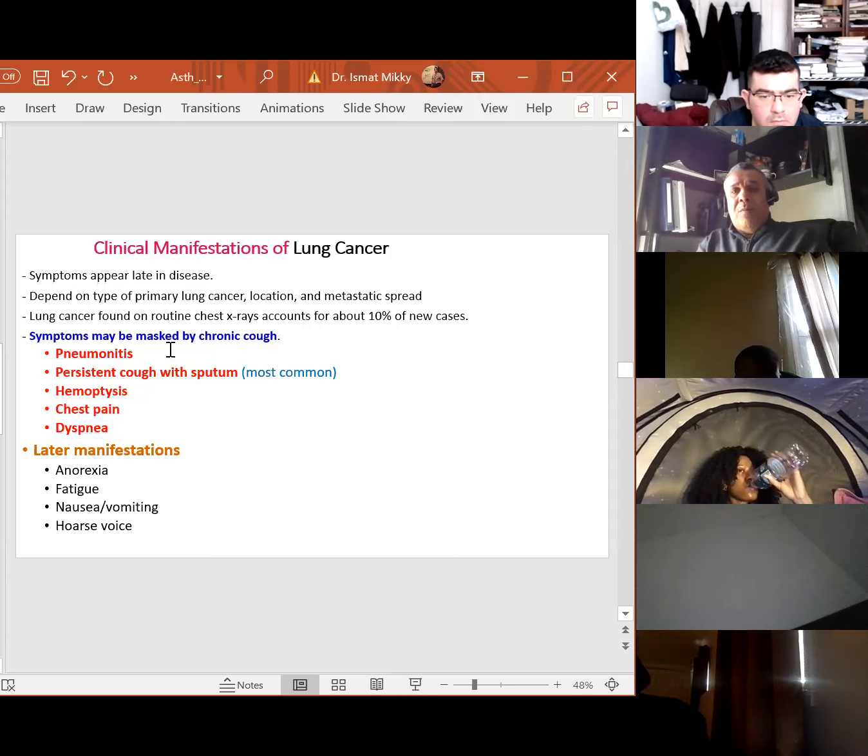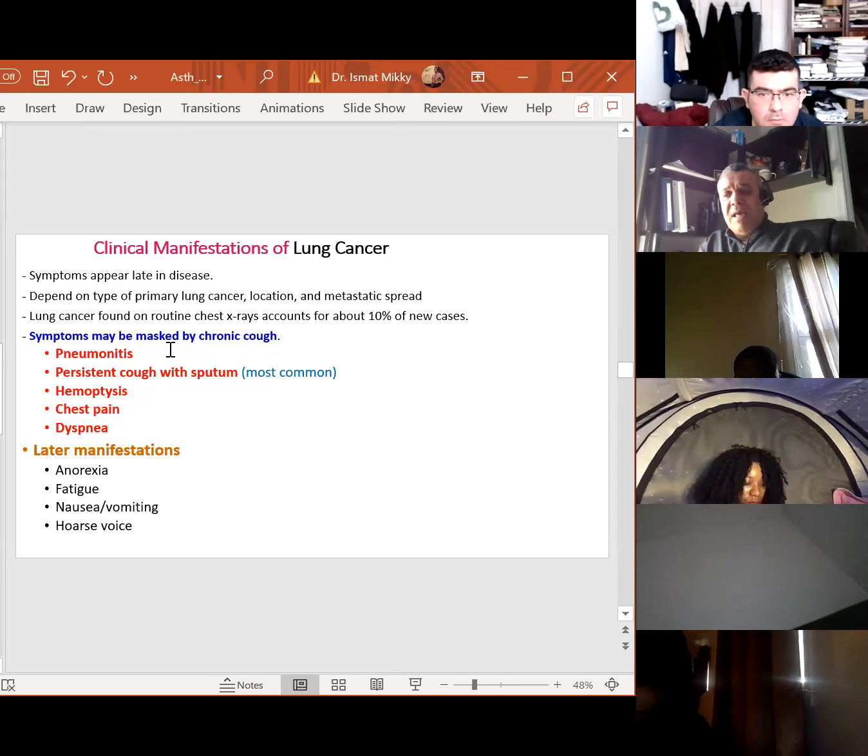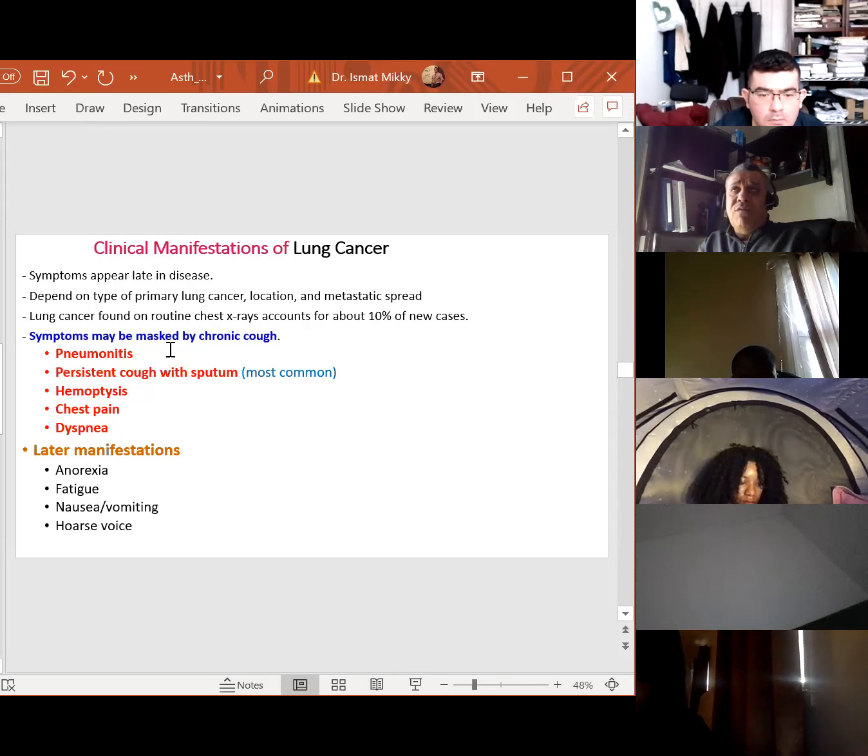It's the part of the fluid around the lungs, when there are secretions and pneumonia. So it's persistent pneumonitis. So it's like pneumonia and secretions around the lungs, which sometimes result from the obstructed bronchi, and that would be one of the early manifestations of lung cancer, because that is going to cause also fever and chills and cough.